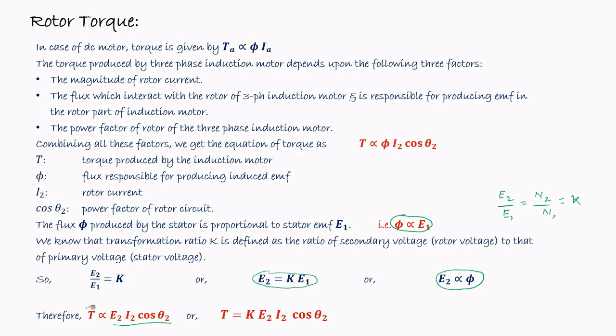Therefore, the torque can be written as proportional to E2 I2 cos phi 2, or as some constant K into E2 I2 cos phi 2. Here K is some proportionality constant. So the rotor torque can be represented as T is equal to K E2 I2 cos phi 2.